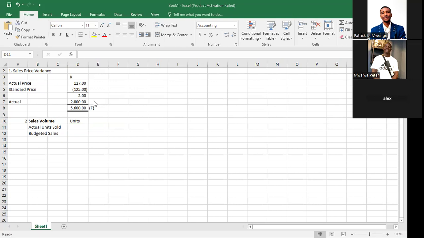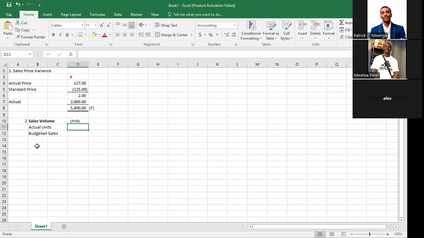So you've seen how we were able to calculate the sales price variance, right? Now next is the sales volume variance. For the sales volume variance, we need to match the actual units and the budgeted units, and then you deduct the budgeted units from the actual units to find the variance.